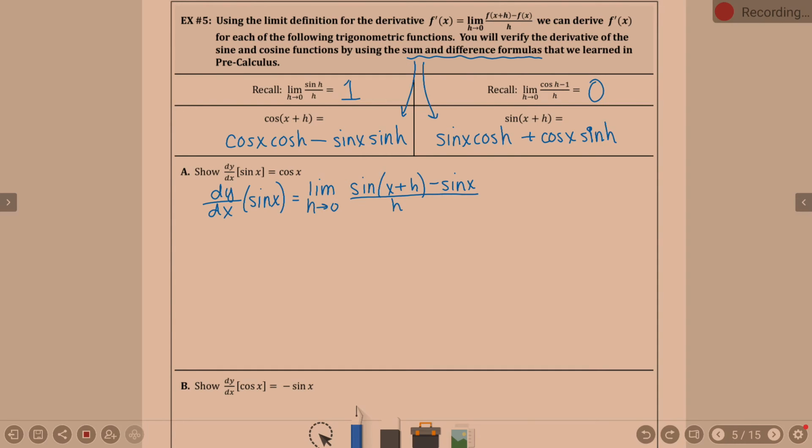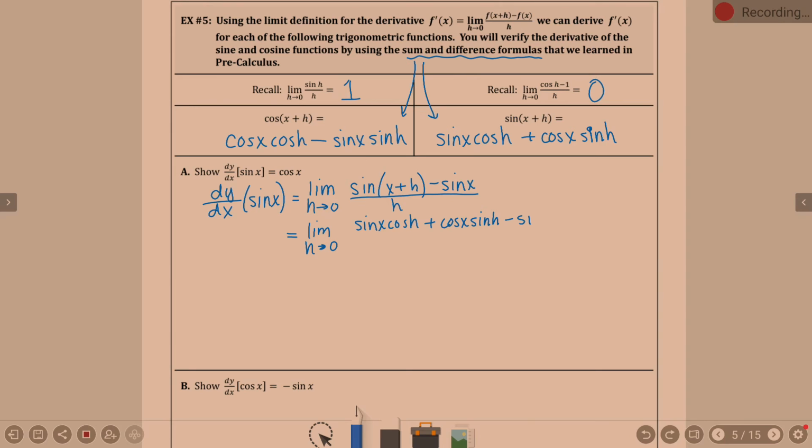Limit as h approaches 0. Well, what did we just talk about? Sine of x plus h. Didn't I just write that out ahead of time? That's our sum and difference formula. So sine of x plus h can be rewritten as sine x cosine h plus cosine x sine h.